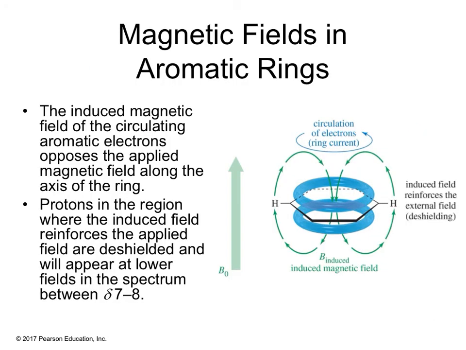And this is just showing you why the benzene, the aromatic hydrogens, are all the way up around 7 ppm, 7 to 8 ppm here. And the reason why is because the electrons that are going above and below the ring are creating their own magnetic field.